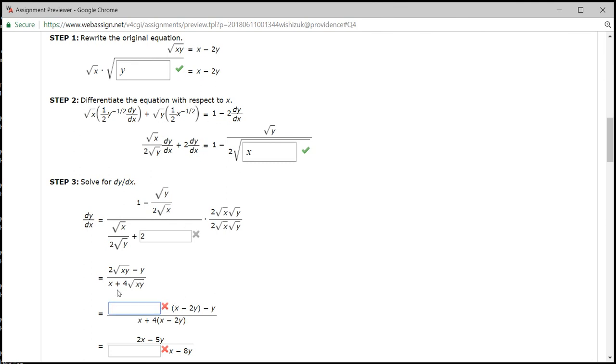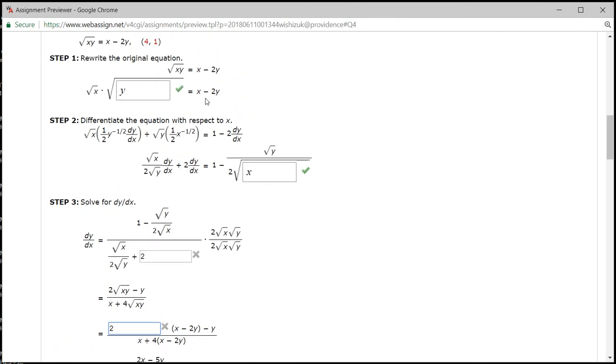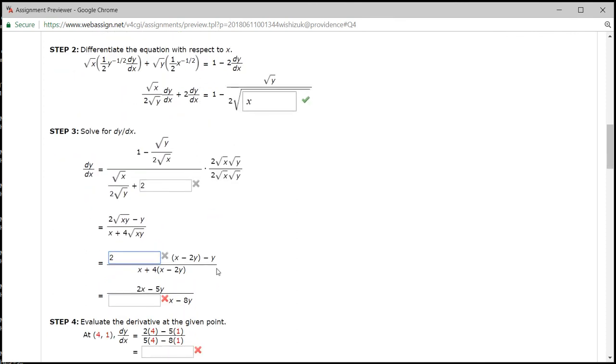You can see that here's a 2, so I would put 2 here. The square root of xy over dy over dx is originally x minus y, so we put x minus y there. That's the square root of xy minus y minus y. Then in the denominator, again, replacing the square root of xy by x minus 2y. So that's all it is.